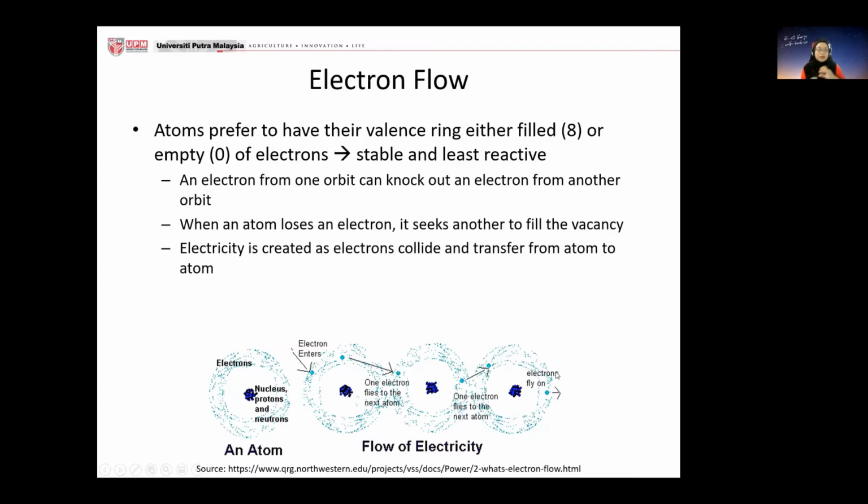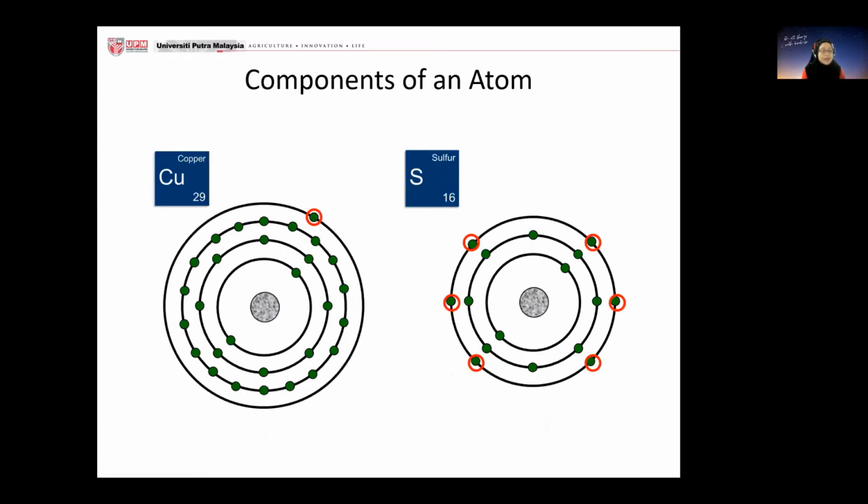That flow creates electricity. That is basically how electrons can move from one point to another, and how electricity is generated from one point to another.